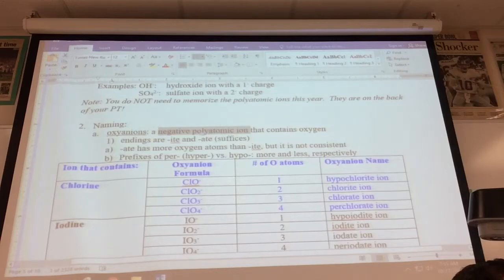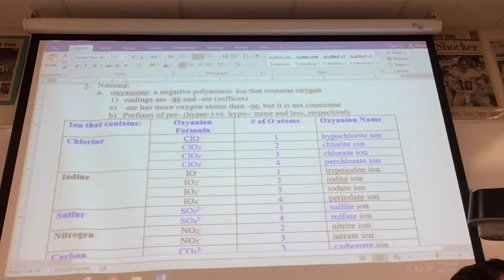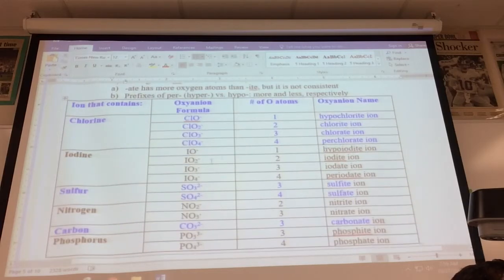And if it's an oxyanion, it contains oxygen. These will end in ite and ate. The ate will have one more oxygen than ite, but sometimes ite is 3 O's, sometimes ite is 2 O's. So there's no real consistency there. You just need to know them.